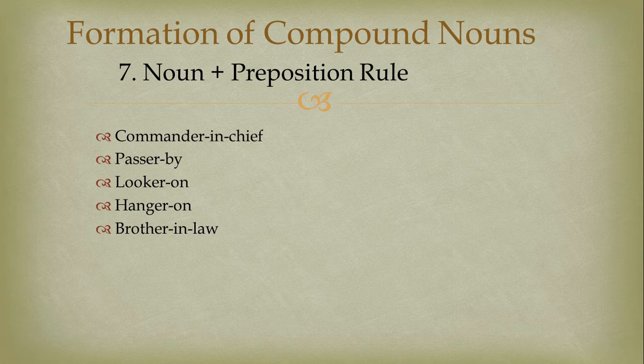You can search this type of nouns to increase your vocabulary and try to practice at your level best, because practice makes perfect. These are the 7 rules, ending with noun plus preposition.